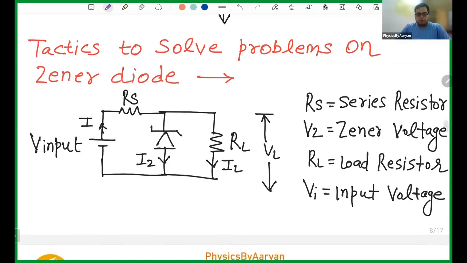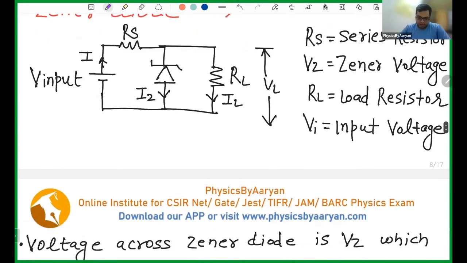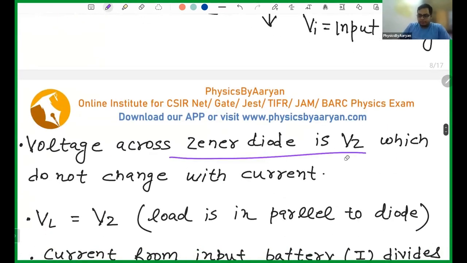Now, a few things can be given. What is the voltage across this Zener diode? Let's say that Zener voltage is Vz, and this is the input voltage. The voltage across the Zener diode can be given to you, and in most cases it will be.